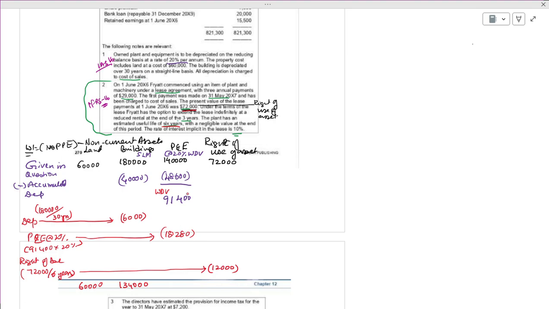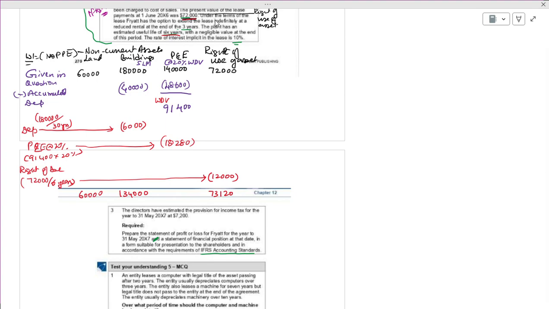How much will we get? 73,120. Yes. Right of use, 72 minus 12, that is 60,000. And it comes to 16,000.